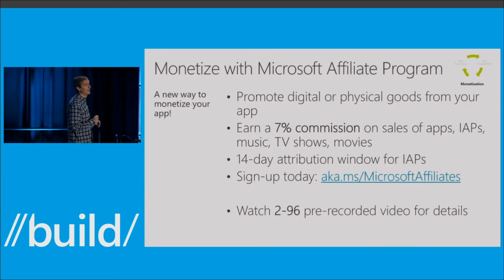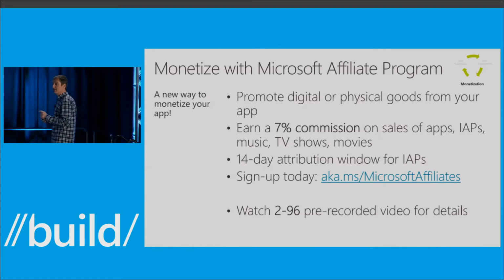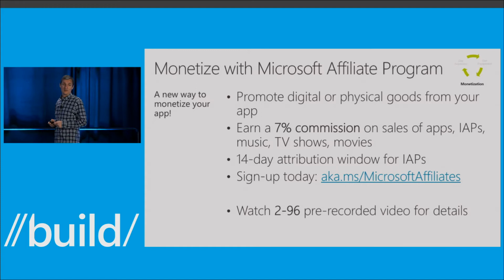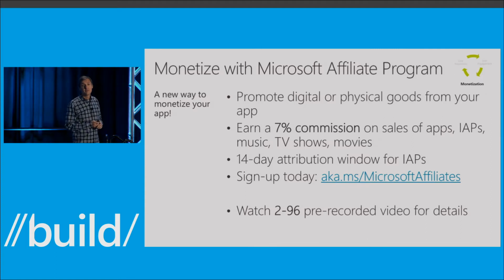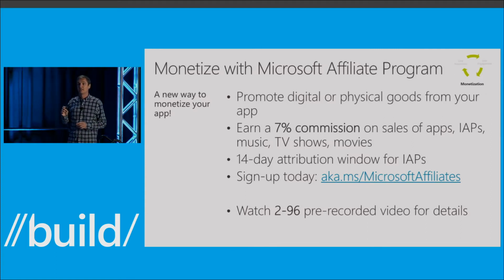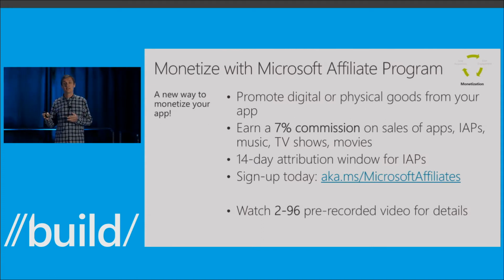Lastly, I wanted to talk about yet another way that you can leverage to make even more money with your app, the Microsoft Affiliate Program. With our affiliate program, your app can generate additional revenue by promoting digital or physical content that is being sold in the Microsoft Store.